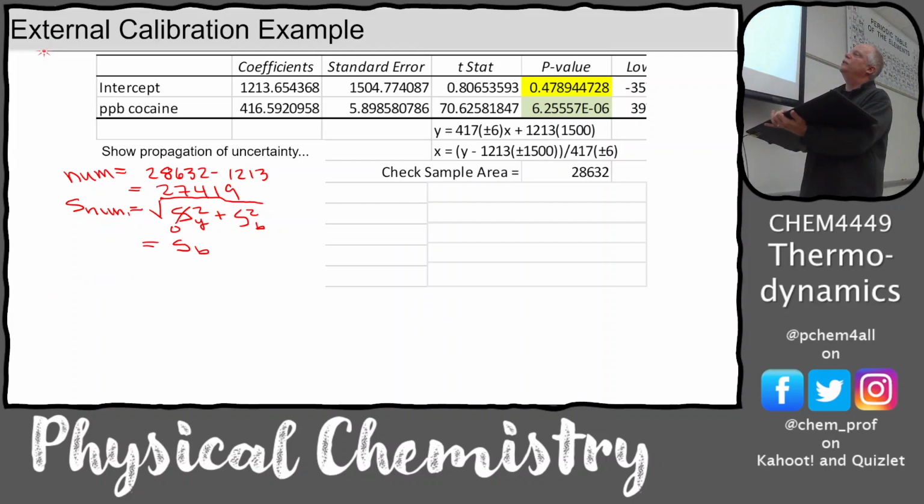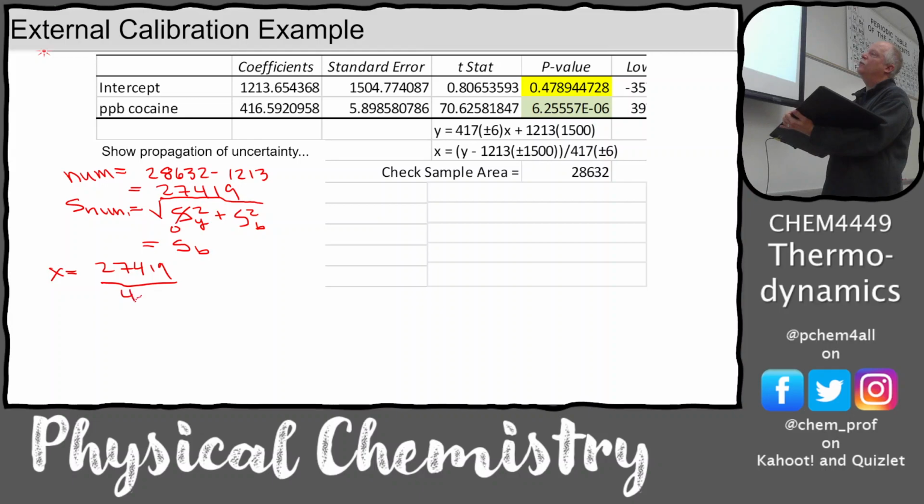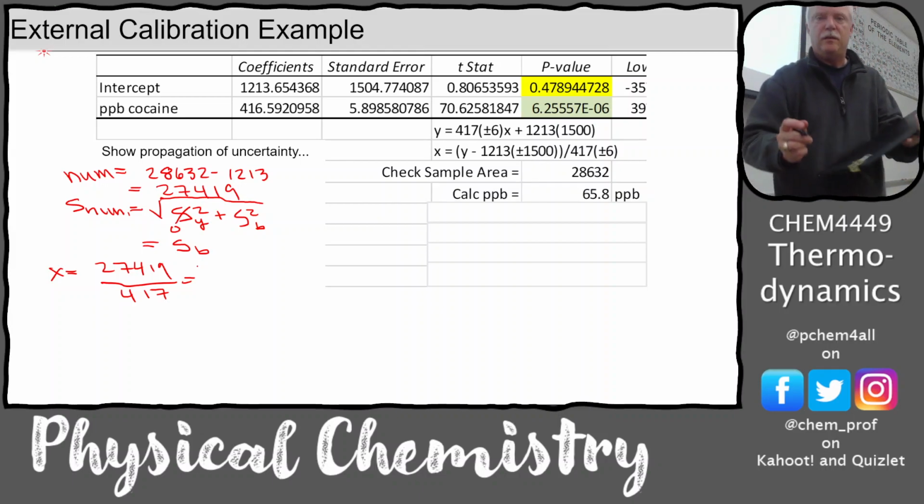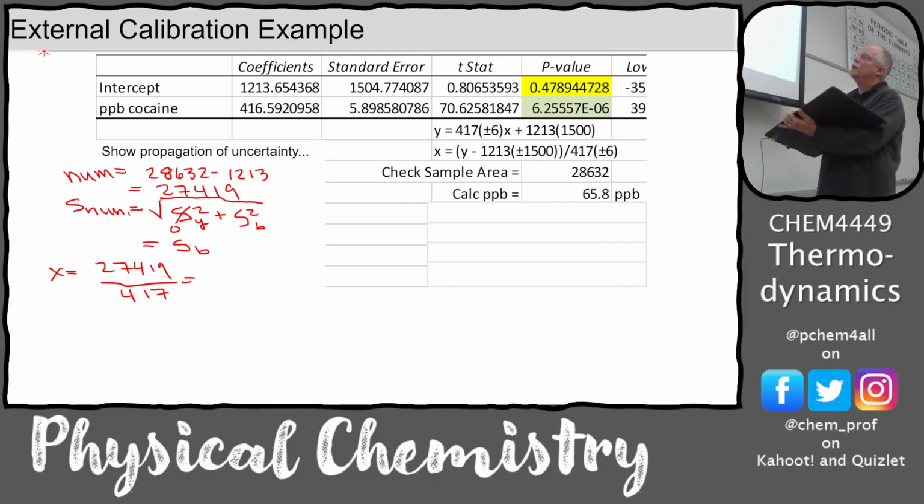Now we have our division and subtraction. So the X value is equal to the numerator, 27419 divided by 417. I think that one is actually written out. 65.8.